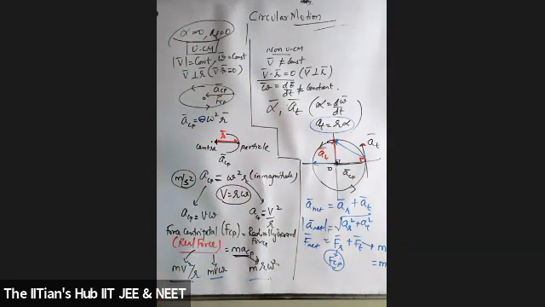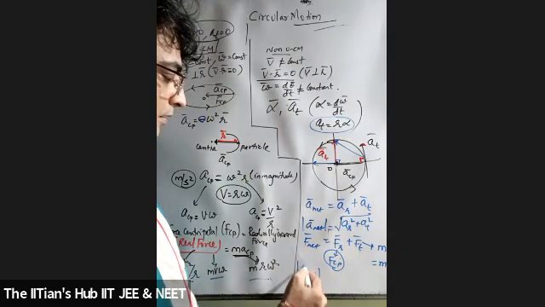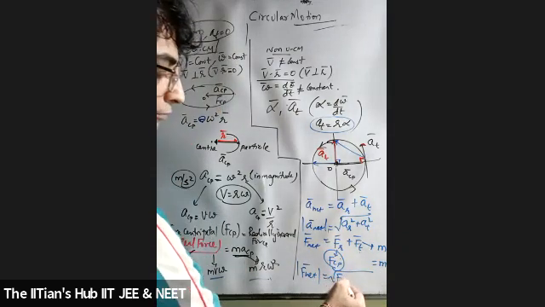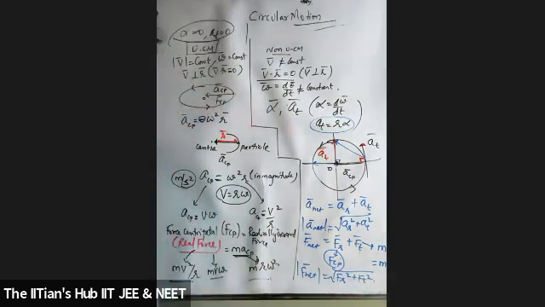How do you find out the magnitude of this? This is also by using parallelogram law of vector addition. Can I say it's under root FR square plus FT square?